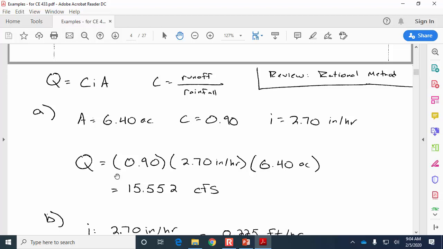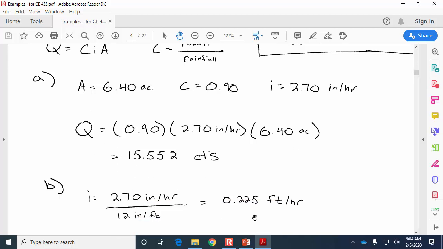So this is just the first method, where we're assuming it all works out, but let's not rely on that until we've checked to make sure. The way we can do that is, first of all, converting inches per hour into feet per hour. The rainfall depth of 2.7 inches per hour falling out of the sky is 0.225 feet per hour.